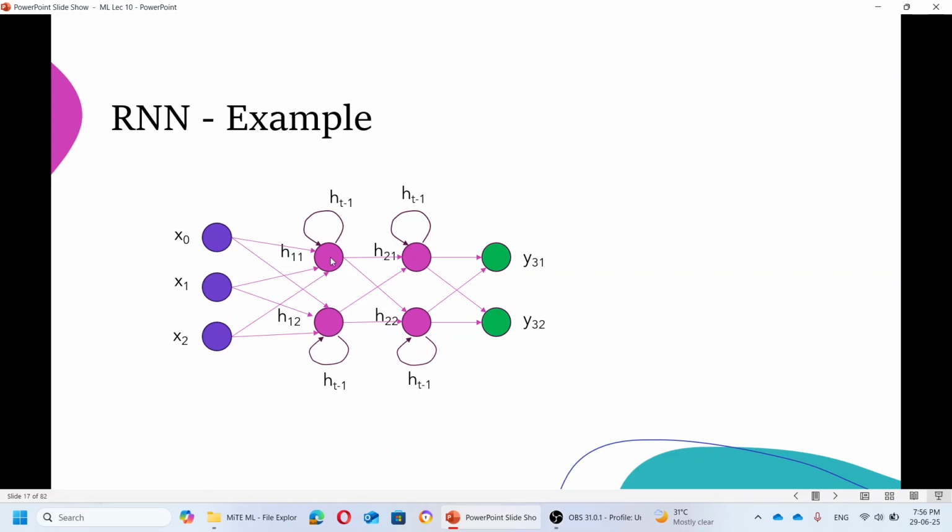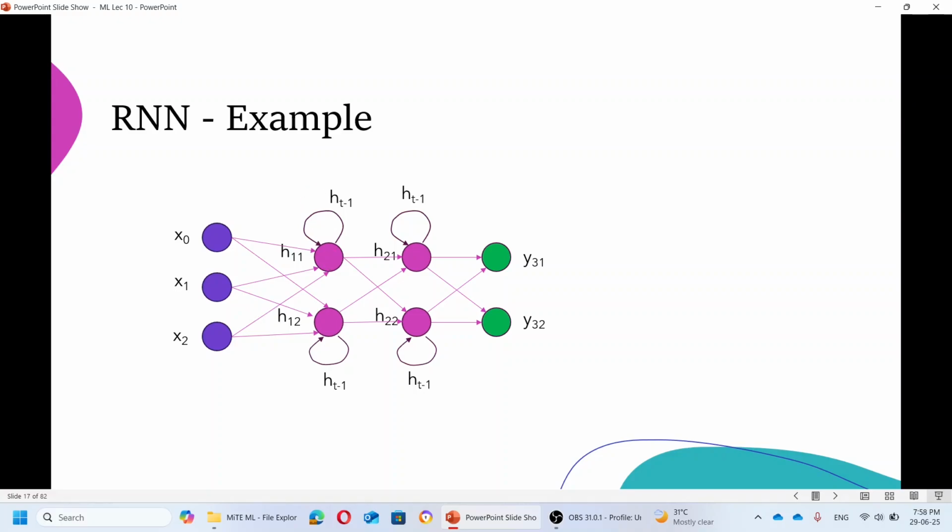When I input this value x0 over here, it will be multiplied by W, and you can also see that all the values are connected with each other. This is the typical behavior of any neural network. This output x0 will be input to this neuron and this neuron both. Similarly, this one will be input to this neuron and this neuron both. So for this neuron, how many weights should we have?